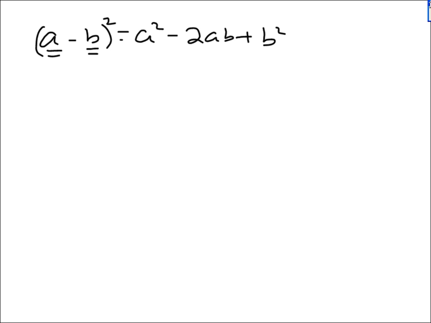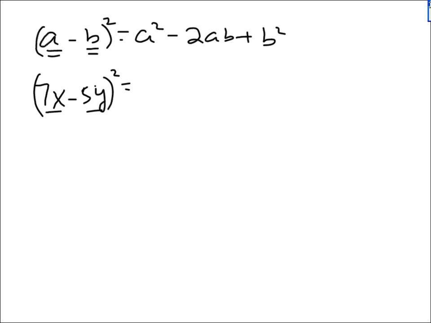But what if it isn't numbers? Remember, a minus b squared is the first squared minus 2 times the first times the second plus the second squared. What if you had 7x minus 6y? Too many 5's this afternoon. And we want to square this mess.